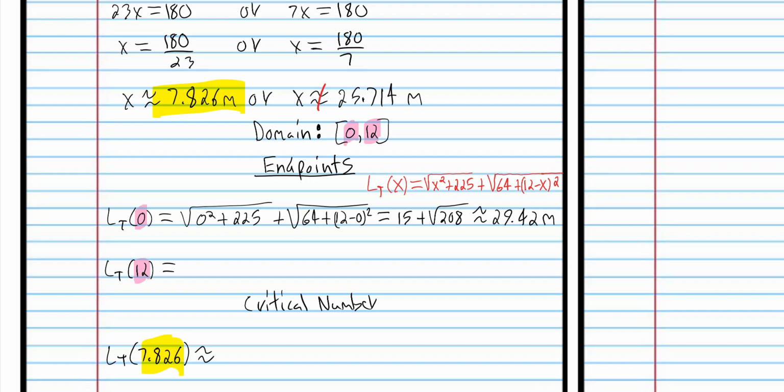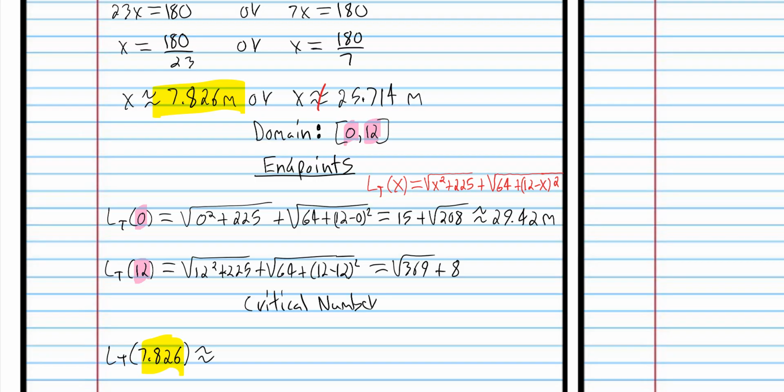So when we plug in 12 to that red equation, we get the square root of 12 squared plus 225 plus the square root of 64 plus 12 minus 12 squared, and we get the square root of 369 plus the square root of 64, which is 8.